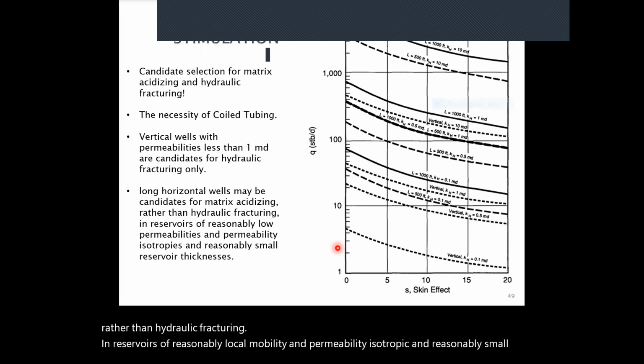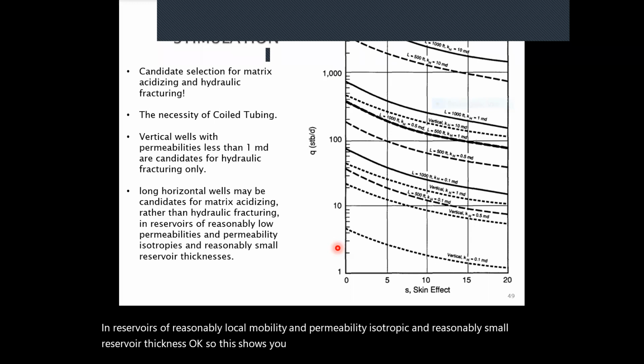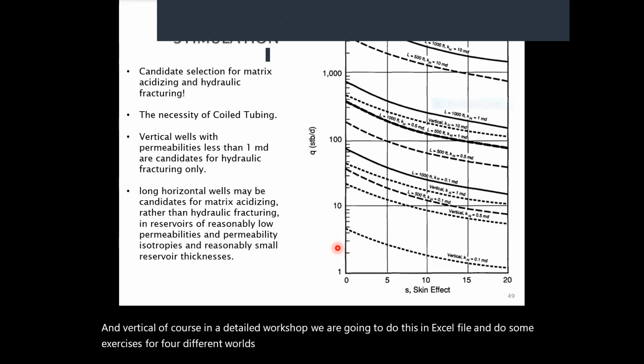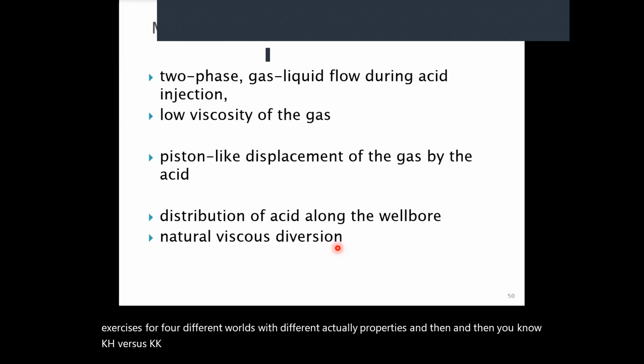So this shows you how we can come up with a sensitivity analysis and candidate selection for horizontal and vertical wells. Of course, in a detailed workshop, we are going to do this in an Excel file and do some exercises for different wells with different properties, and KH versus KV.